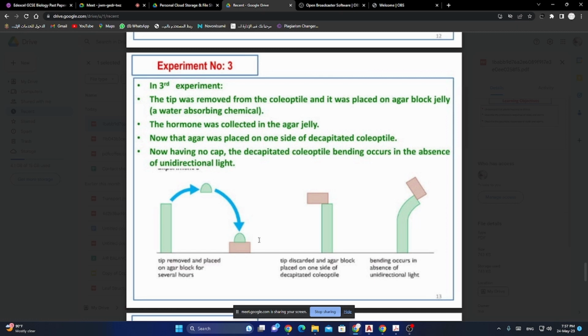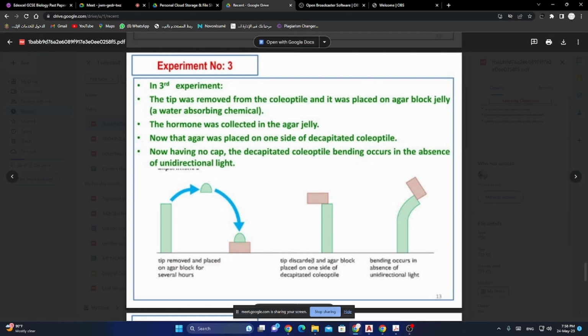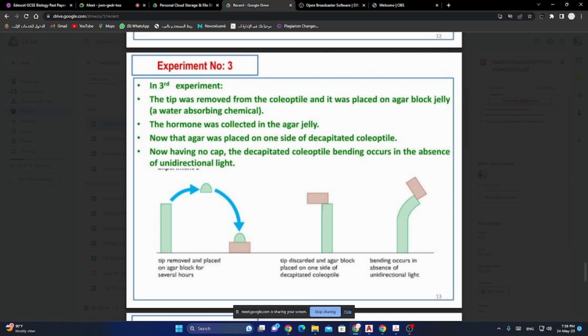That agar block is gonna absorb some of that chemical, right? And then when you put that agar block on one side of the shoot, that side is again gonna grow unevenly. This side is gonna grow more than this side, so it's gonna curve towards the right.